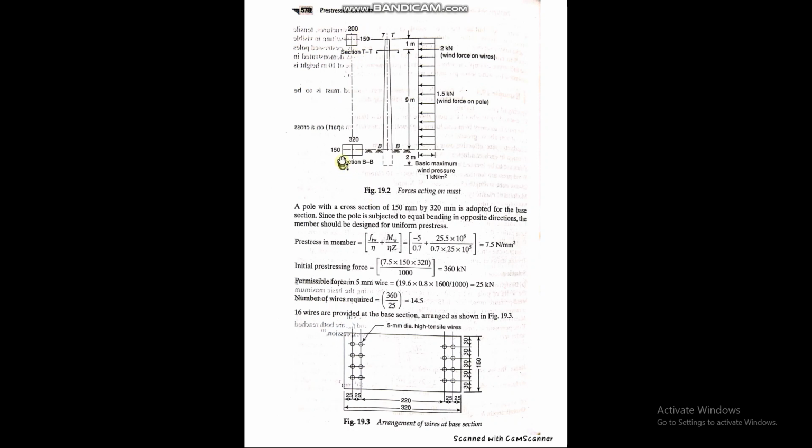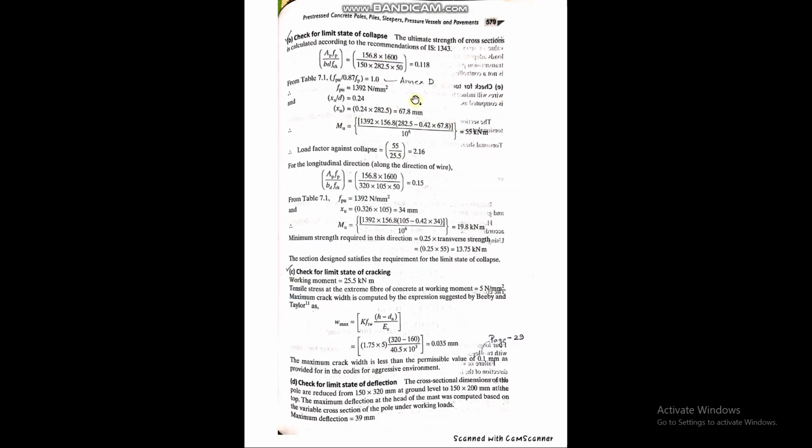That 320 becomes 200, since obviously the higher you go up, the lesser the moment the section has to take. So it has been varied accordingly. You simply have to check whether the section satisfies the limit state of collapse or not.